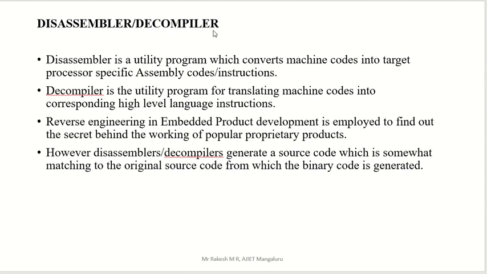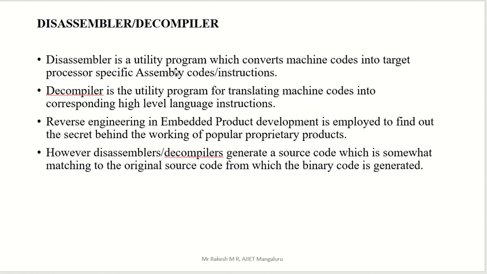What do you mean by compiler? A compiler is a tool which converts your high level language programs to machine level programs. So disassembly and decompiler are just the reverse procedure.